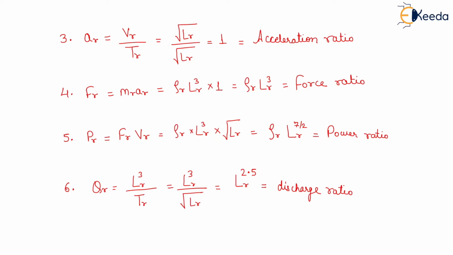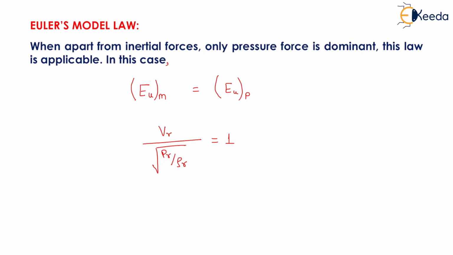Now Fr will be equal to Mr into Ar, which will be rho r into Lr cube, the force ratio. Now Pr will be equal to rho r into Lr to the power 7 by 2, known as the power ratio, and Qr will be equal to Lr to the power 2.5, known as the discharge ratio.